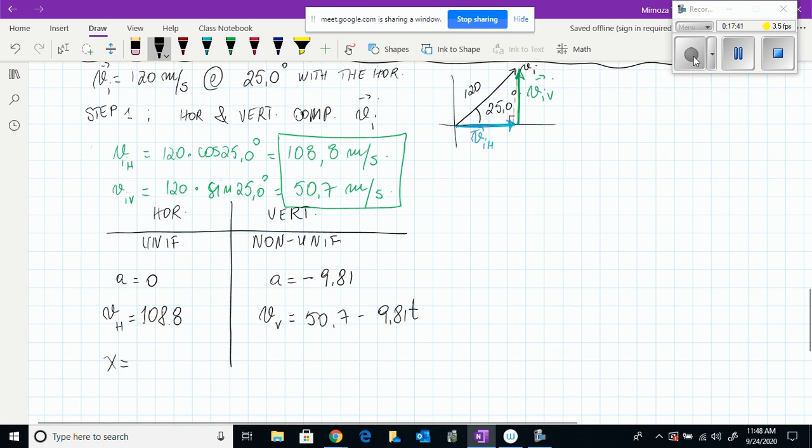The displacement in the horizontal will be 108.8 times time, and in the vertical will be 50.7 t minus 4.91 t squared. So now we have equations 1, 2, 3, 4, 5, and 6.